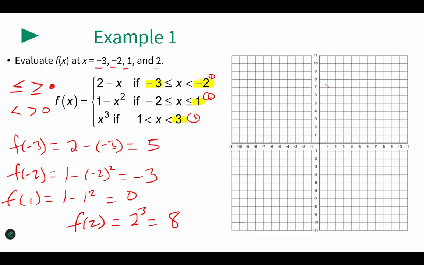So I have 1, 2. Pretend that these are straight lines. We all know that for some reason I am challenged with drawing straight lines. Negative 3, I'm also breaking at negative 2.